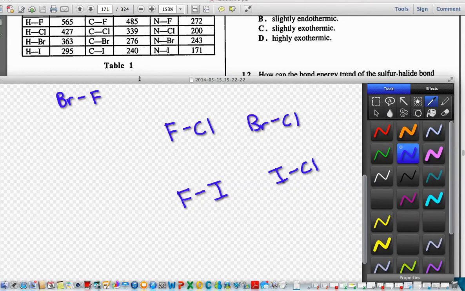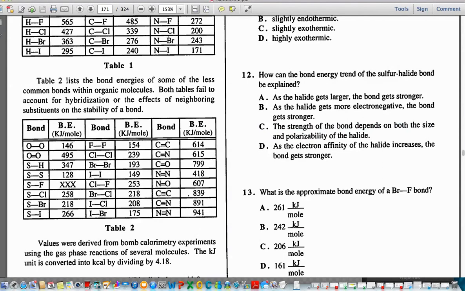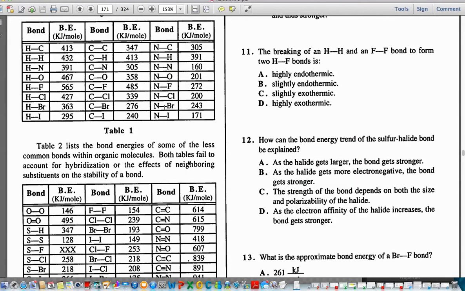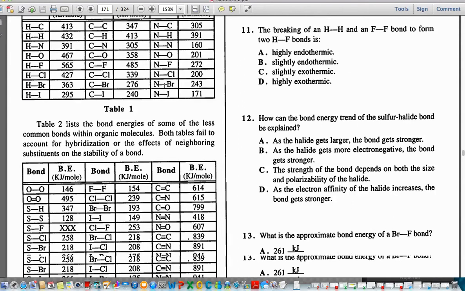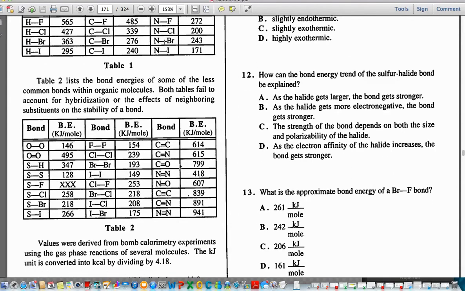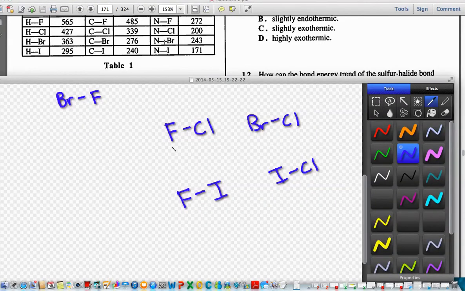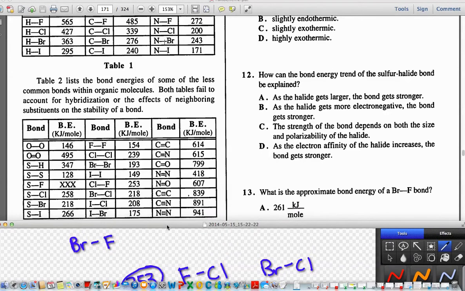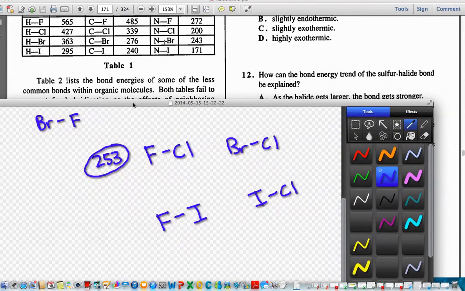So, first of all, here we go. We have an FCl bond of 253. Also, we have a BrCl bond of 218.